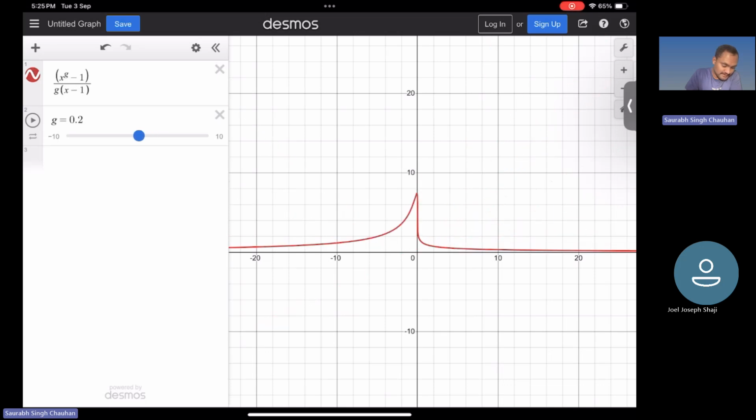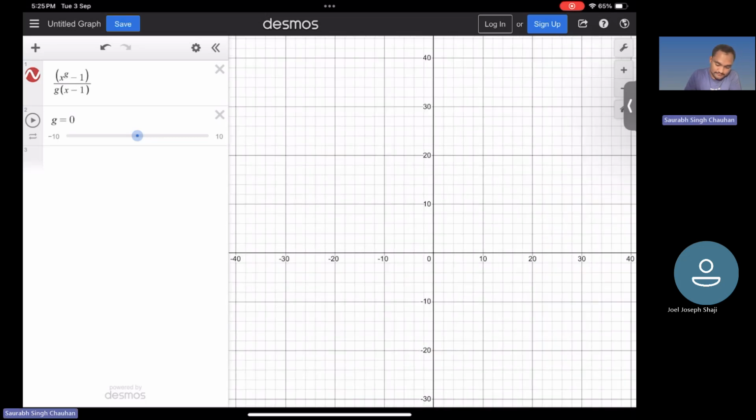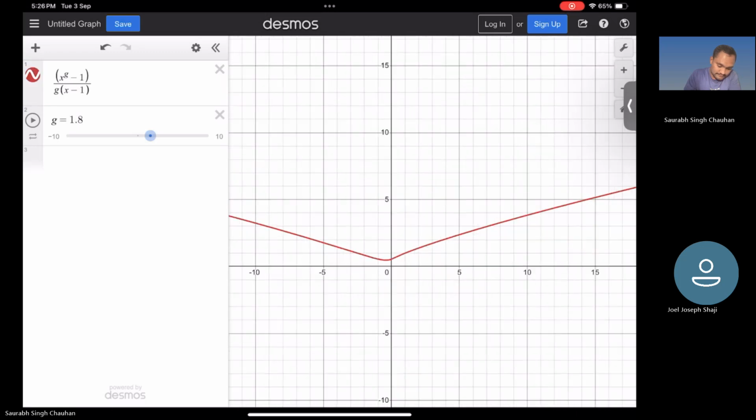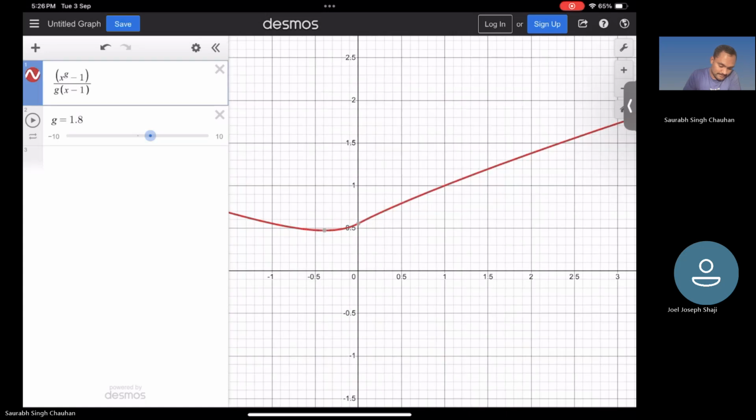When gamma is 0, it is undefined because G is in the denominator. As we increase G slowly, you can see how this value changes.